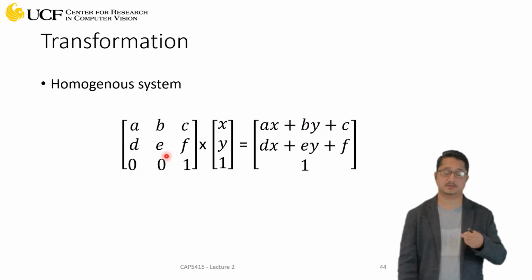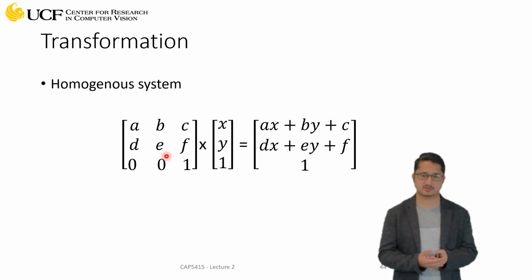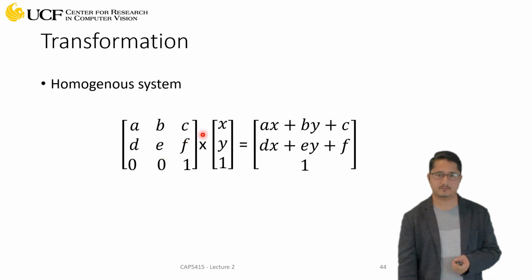And again, if you think about the way we described matrix multiplication in the last lecture, when we multiply two matrices, the first column of the resultant matrix is going to be a linear combination of these columns. And that is exactly what is happening here. So if you look at this, the first column has a weight of x. A and D are being multiplied by x over here.